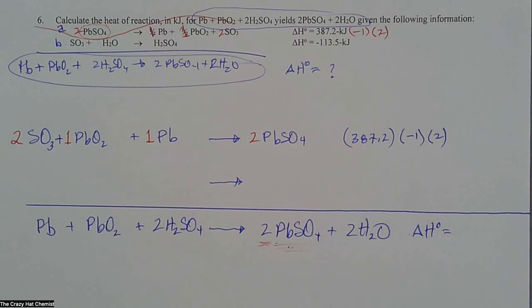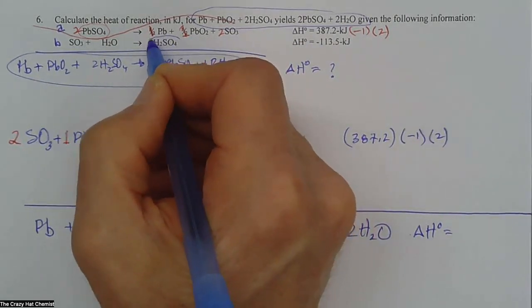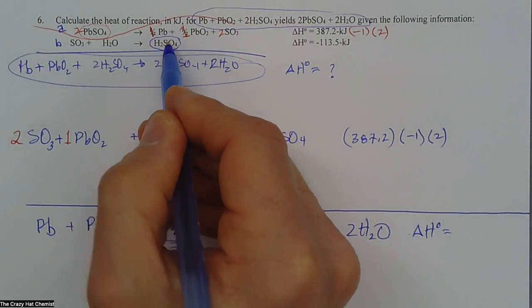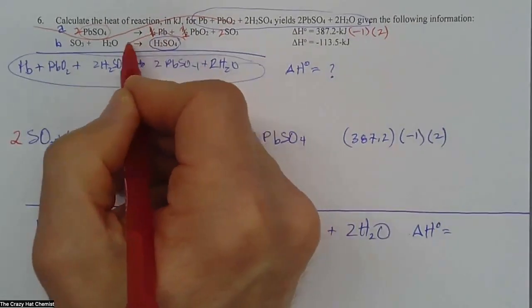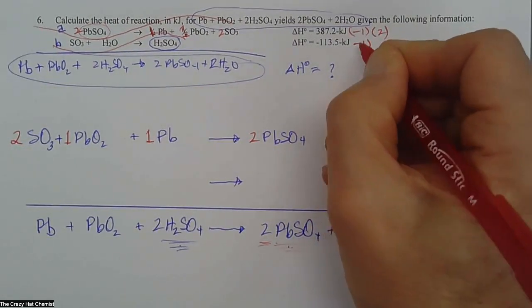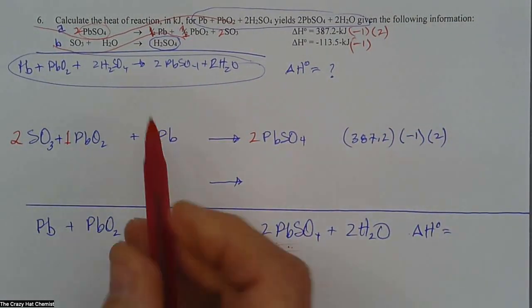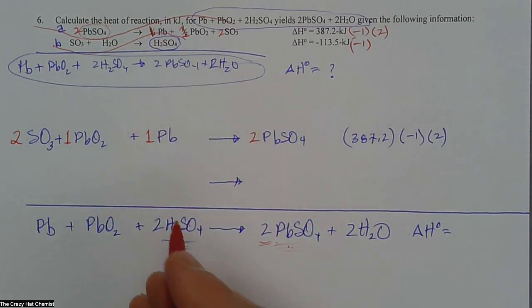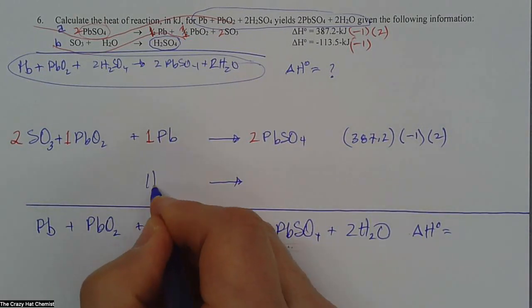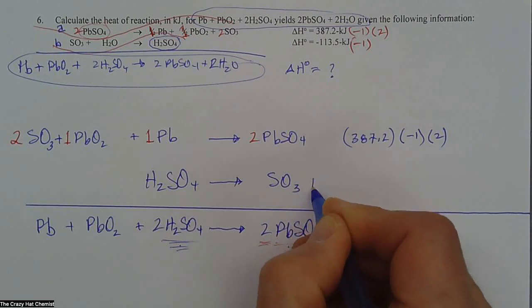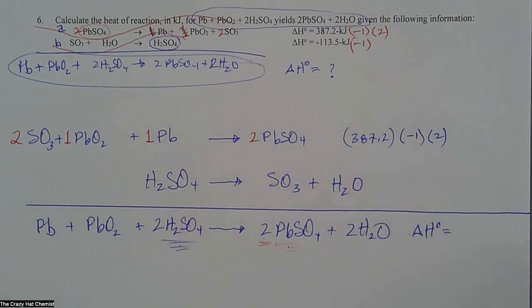All right. Then the next thing I notice is I've got this H2SO4, and there's the H2SO4. It needs to be on the reactant side. It is sadly on the product side. So I'm going to have to flip this equation too. When I flip the equation, I multiply by -1. So H2SO4 will not be on the product side, but on the reactant side. I'm going to write that down as H2SO4 and then SO3 and H2O, just like that.